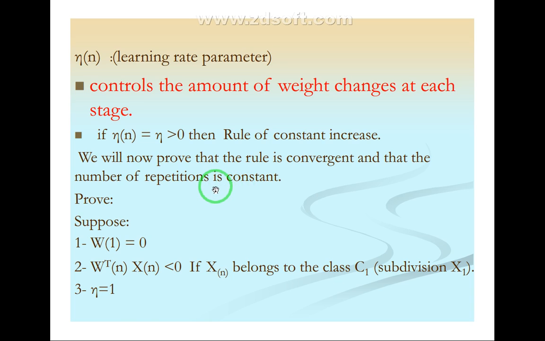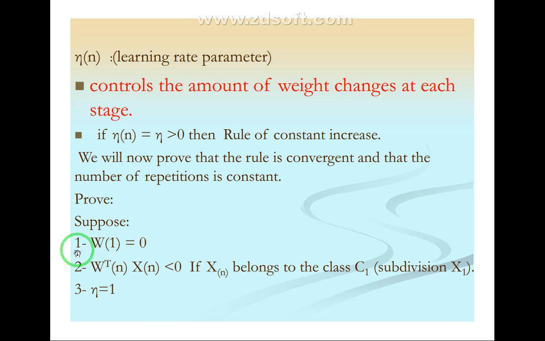So this is to show you that this learning rate must be a positive number, something between 0 and 1, and this has been proved, as you can follow the proof showing that the learning rate must be a positive small number.